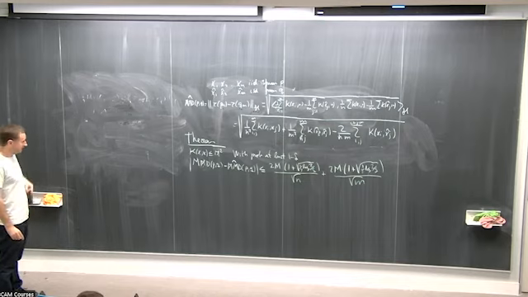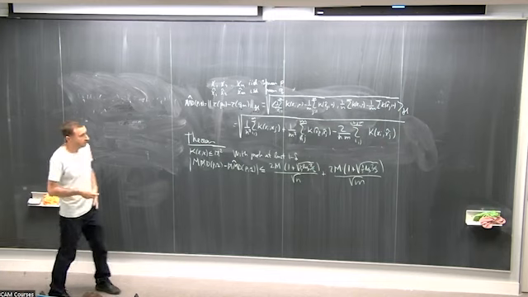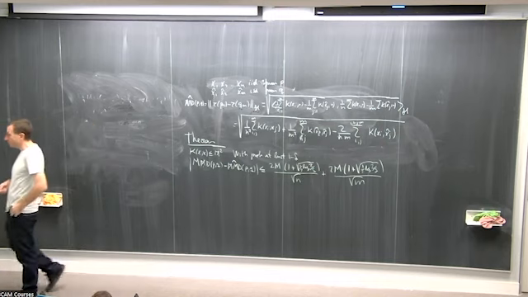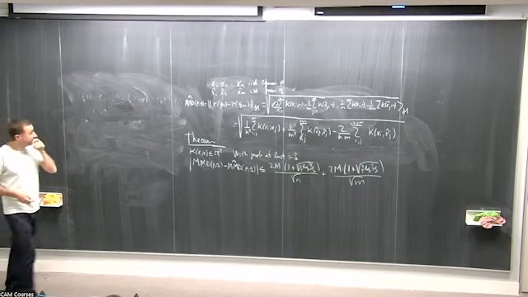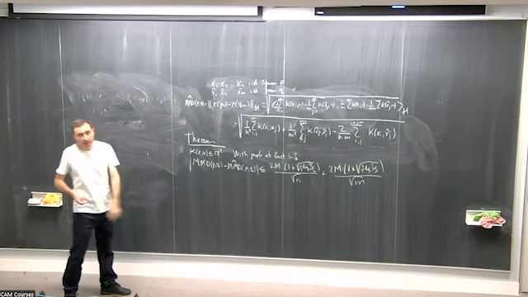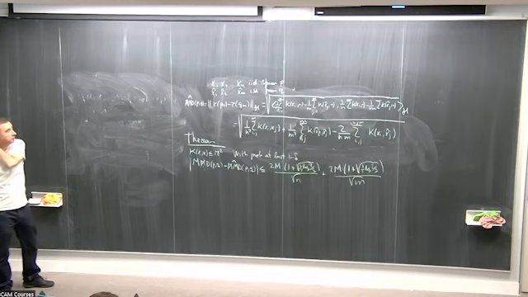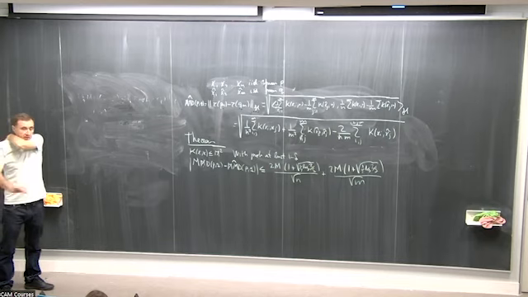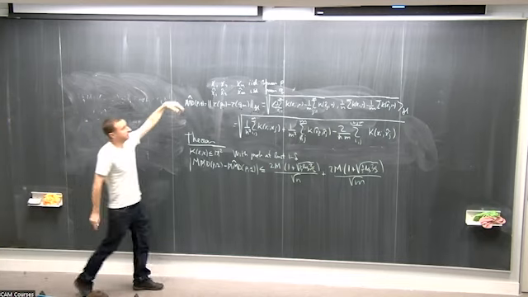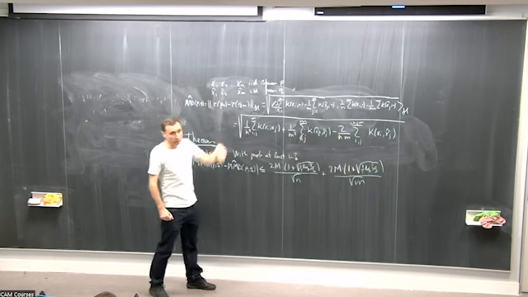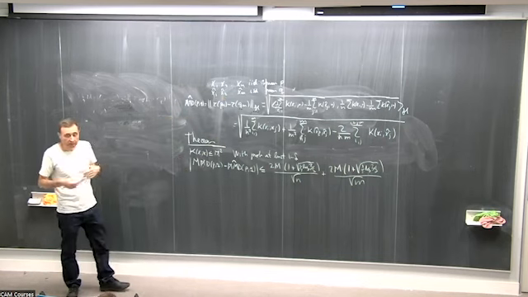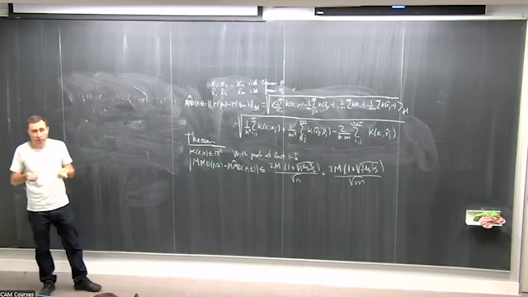Also, maybe before I do the proof, because otherwise it's maybe too boring, we can talk about how these things can be used, right? One nice application of these ideas is that we can do non-parametric hypothesis testing. For instance, if I have two sets of samples and I want to know if they come from the same distribution or not.